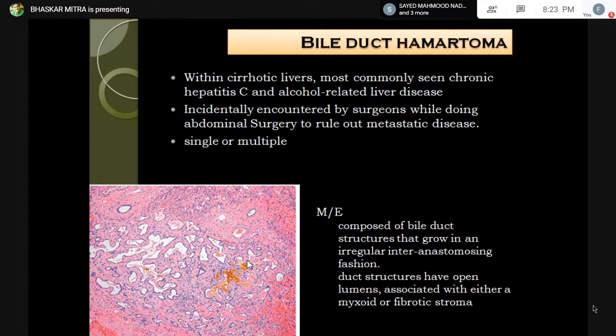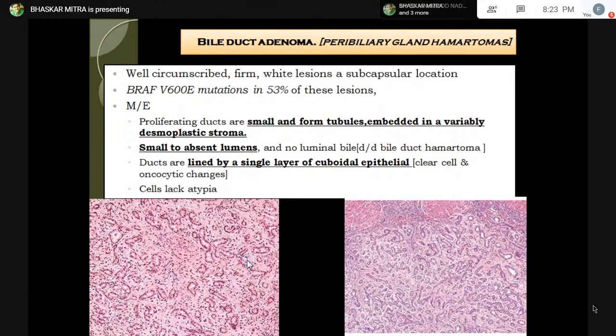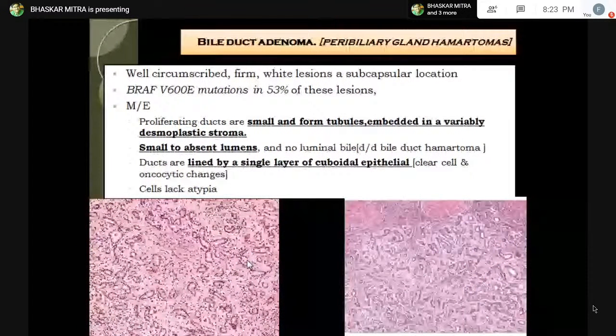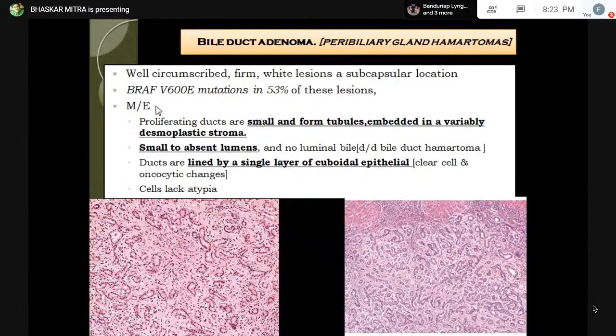Now coming to the well-defined firm white lesions, particularly in the subcapsular location, showing BRAF V600E mutations. They are a proliferation of small tubules or ducts embedded in a variable desmoplastic fibrous stroma. The cells are usually single lining, they lack cellular atypia and lie in a desmoplastic fibrous stroma.